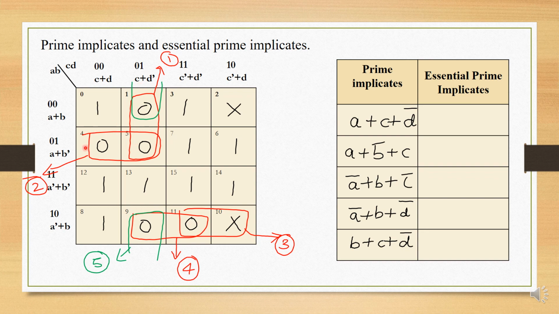So only in group number 2 do we have a logic 0 covered only once. Therefore, we can consider only the second prime implicate, A plus B bar plus C, as an essential prime implicate, and the remaining groups are not considered as essential prime implicates.